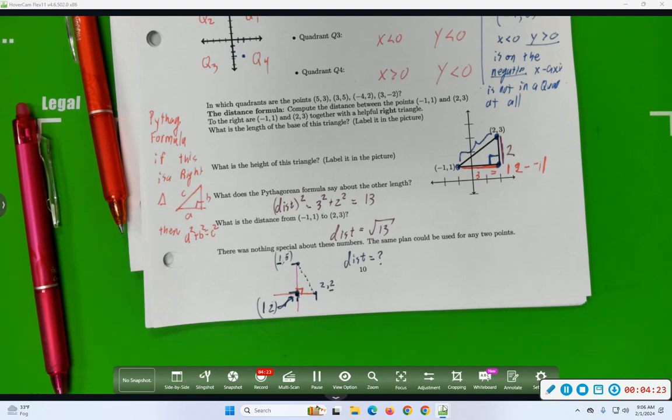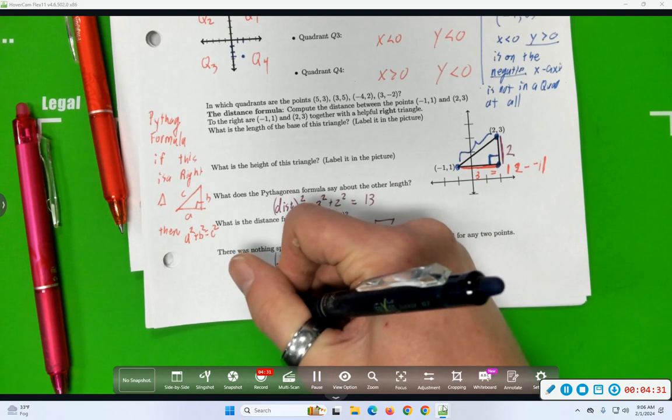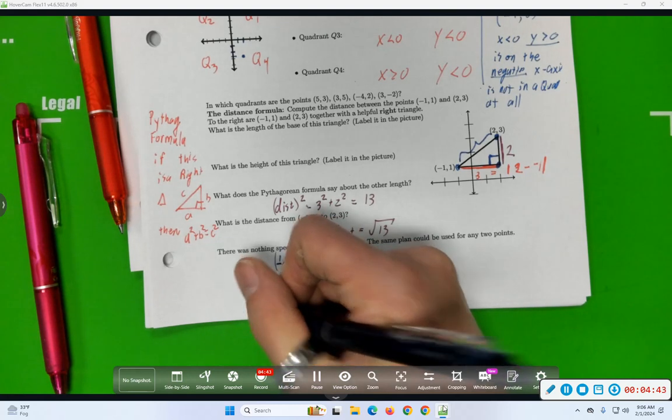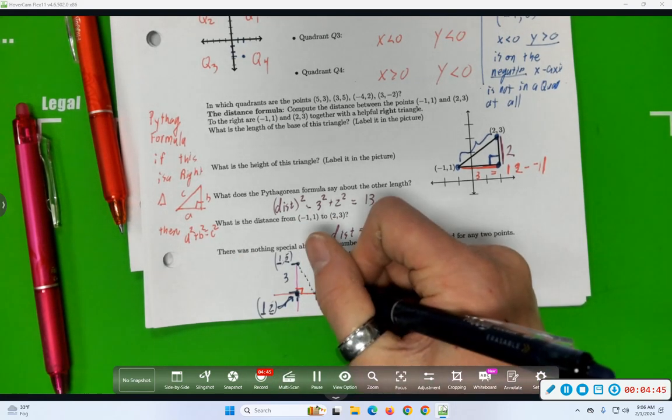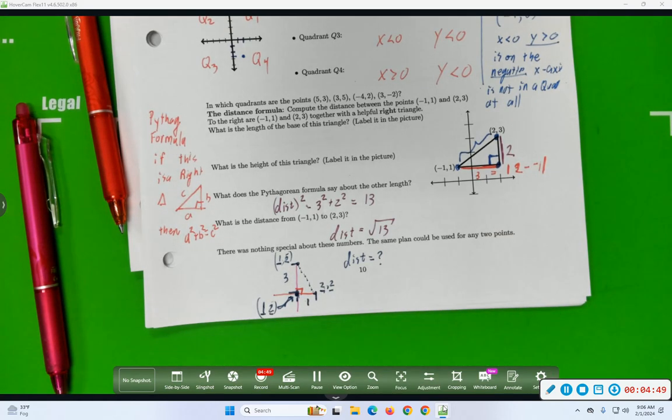What do you get? 3, because it should be 5 minus 2. How about the base of that triangle? 1. Why 1? Because it's already at 1, and then you can just go to 2. You need to go from this x value to that x value, and you do that in a step of 1.